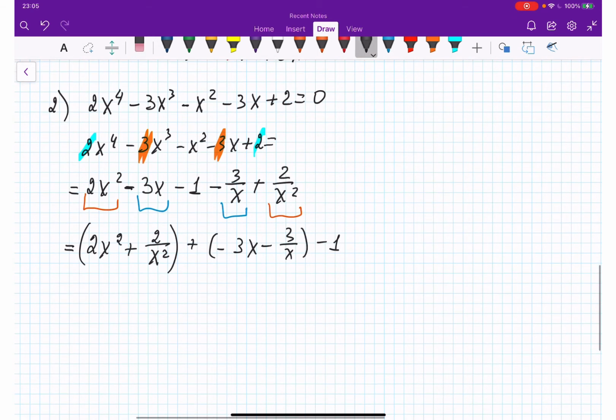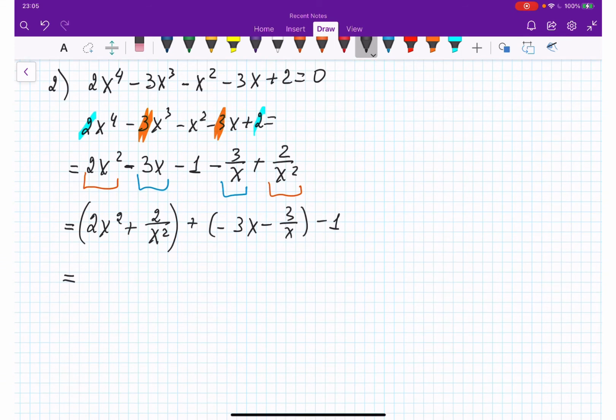So this is equal to: I'm taking 2 out of parentheses as a common factor, getting x squared plus 1 over x squared, and then minus 3, I'm taking out of parentheses, and it's going to be x. Since I took out a negative, it's going to flip the sign, right? Negative 3x will become positive, which is just x because 3 is gone. And minus 3 over x will become plus only 1 over x because 3 is already gone out.